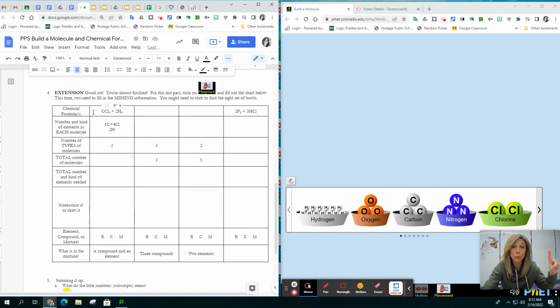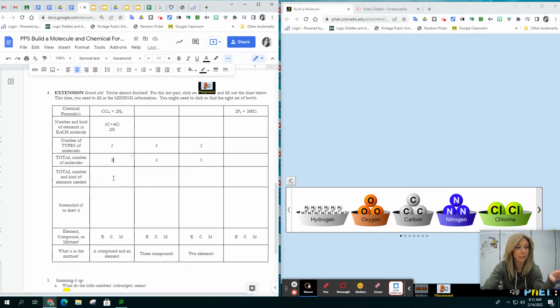And we have 2 hydrogen gases, or 2 H2s. So we're going to make 2 of those. So what's 1 plus 2? 1, 2, 3. We're going to have 3 total numbers of molecules built up here in this blue space. Okay? Okay, so let's start building.